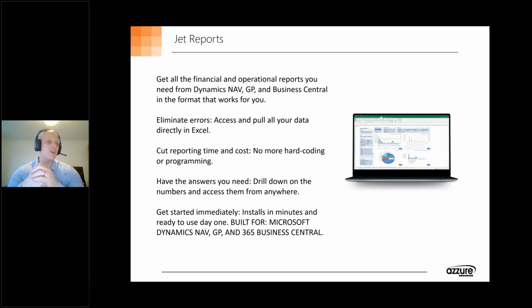It allows you to cut time in reporting and costs. You don't really need any sort of hard coding or programming within Excel in order to build these reports up. And you can drill down and access these numbers from anywhere on any device.